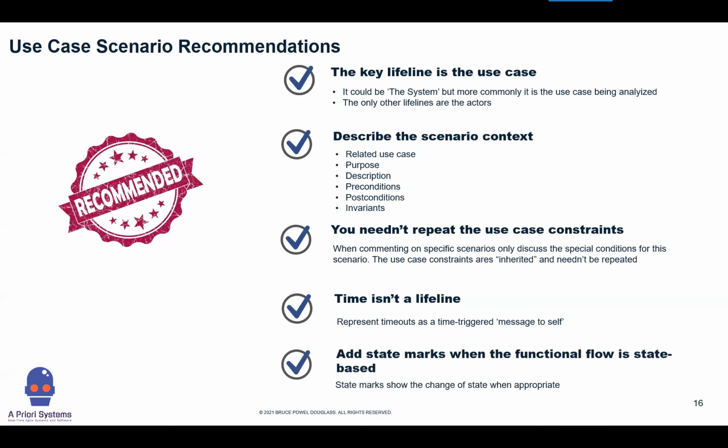And then when you have state-based behavior, which is pretty common, you remember on the scenario we just looked at, there are those rounded rectangles. Those are state invariants. You can look at how the use case is going from state to state as the behavior unfolds during the performance of that capability.